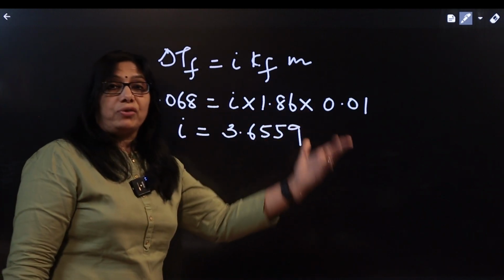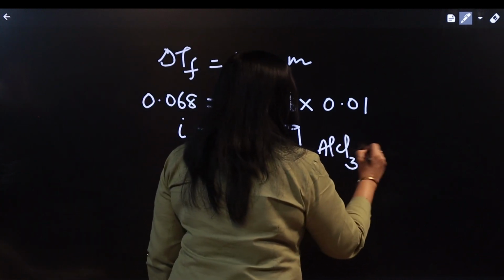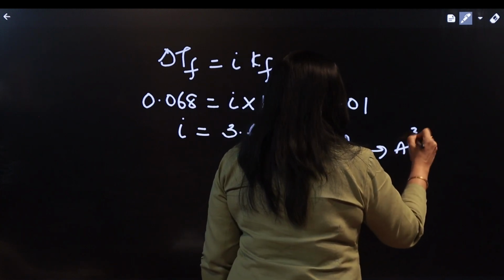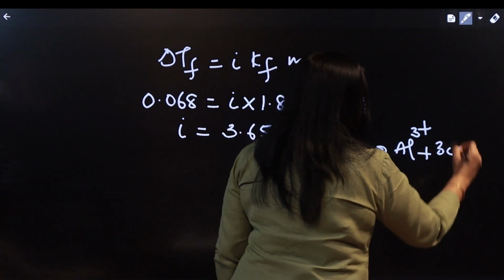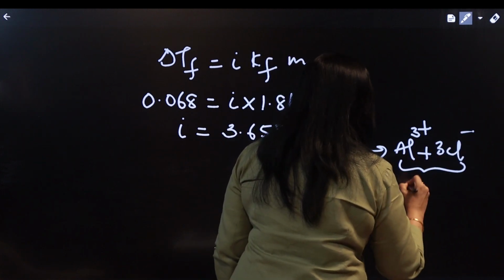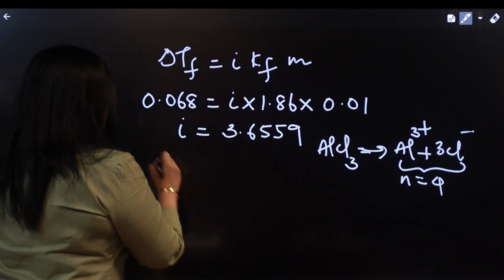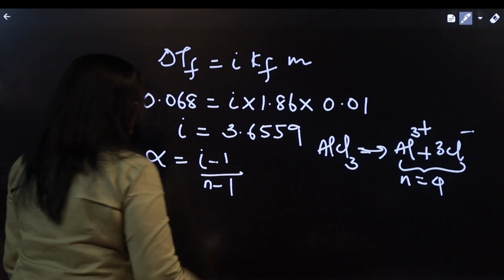Now you have to get alpha. But here the case is aluminum chloride. So aluminum chloride will dissociate to form Al3+ and 3 chloride ions. That means the total number of particles after dissociation is 4. So let us use the formula alpha is equal to (i minus 1) by (n minus 1).